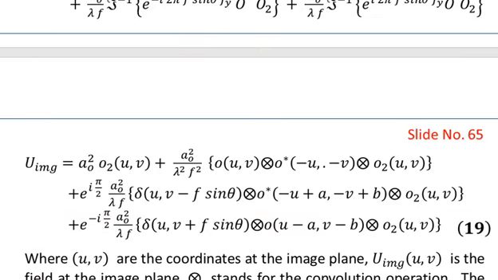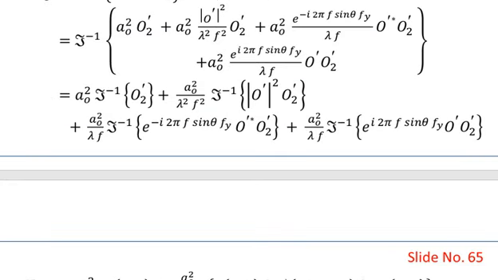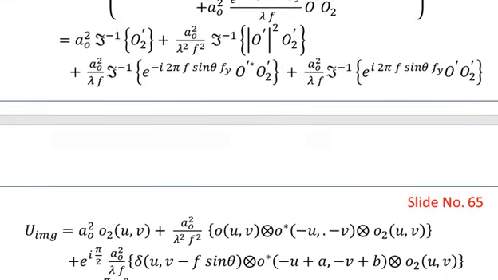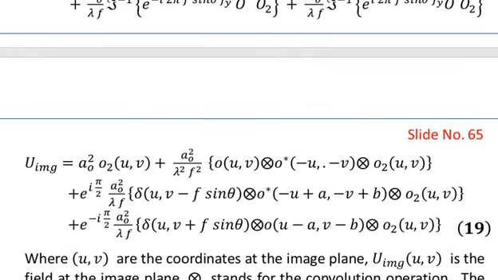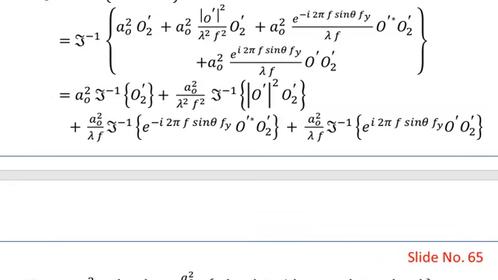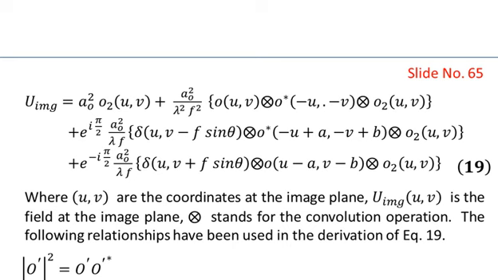So you see that then we write down the Fourier transform of each term. The Fourier transform of these exponential terms will be given by the delta functions. So let me show the inverse Fourier transform of each of these terms in equation number 19.